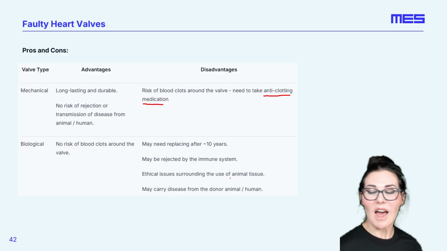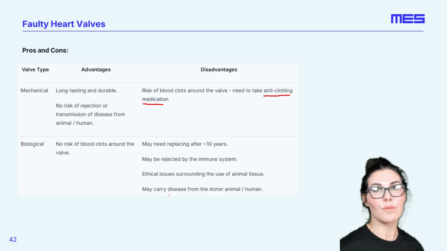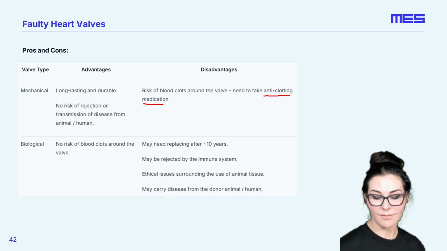And if we're using animal valves, there's quite a lot of ethical considerations where some people disagree with the use of animal tissue. It's not right. It's cruel, for example. And you could transfer pathogens or diseases from donor animals, donor humans, to the person receiving those valves.